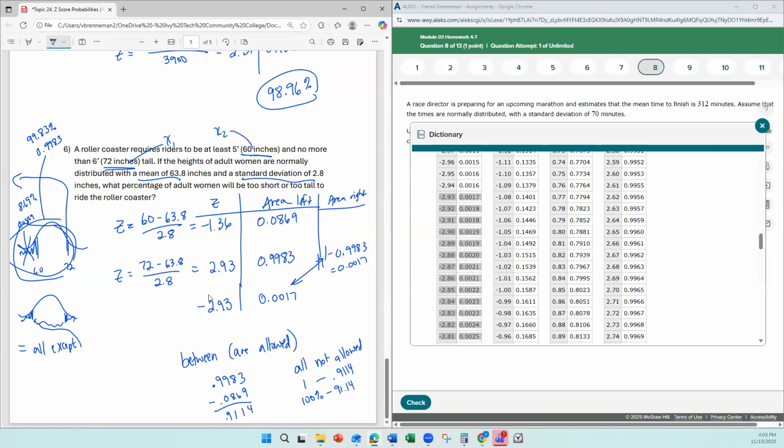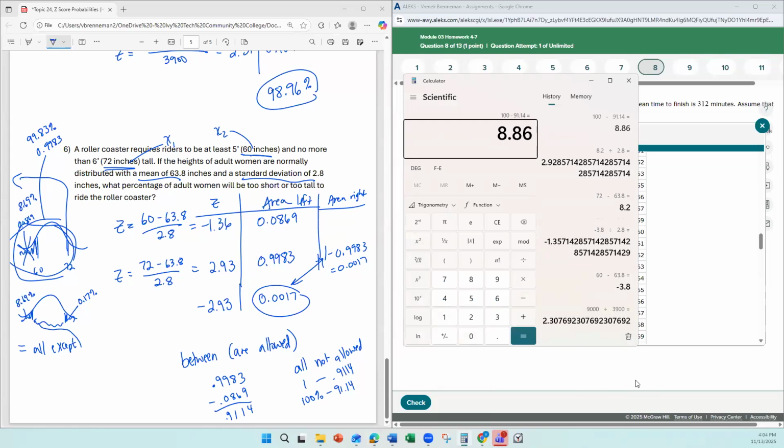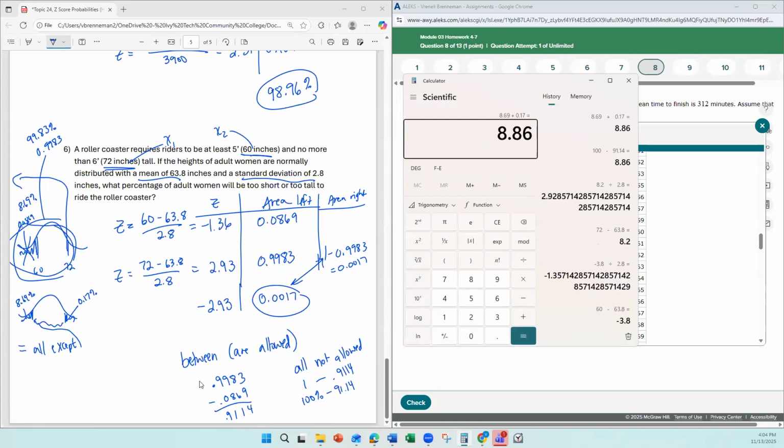But also, like I found, this is 8.69%, and this over here is 0.17%. So let's confirm that these all come out the same. 100 minus 91.14 or 8.69 plus 0.17, either way, 8.86%.